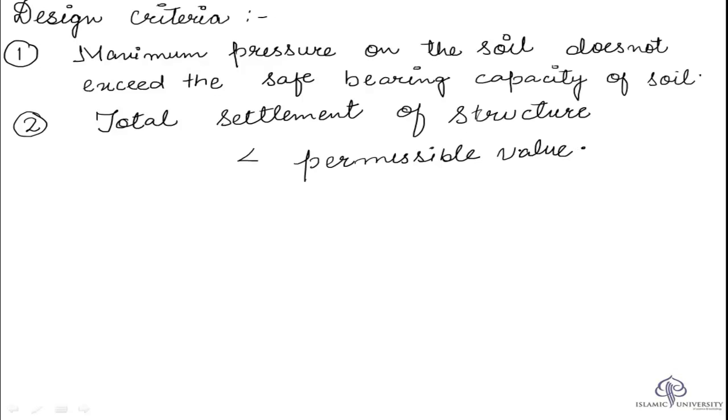Almost all soils get compressed under load and a certain amount of settlement is bound to occur. But it's necessary to ensure that the total settlement of the structure is within permissible limits and is as nearly uniform as possible.